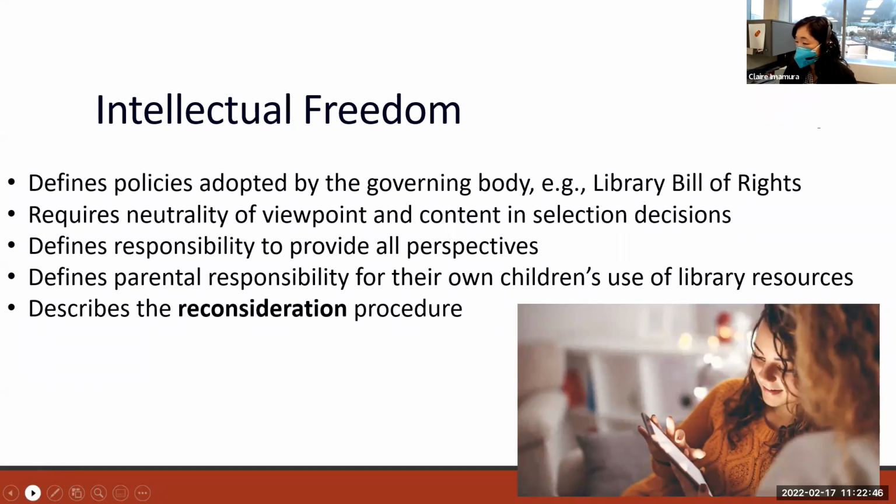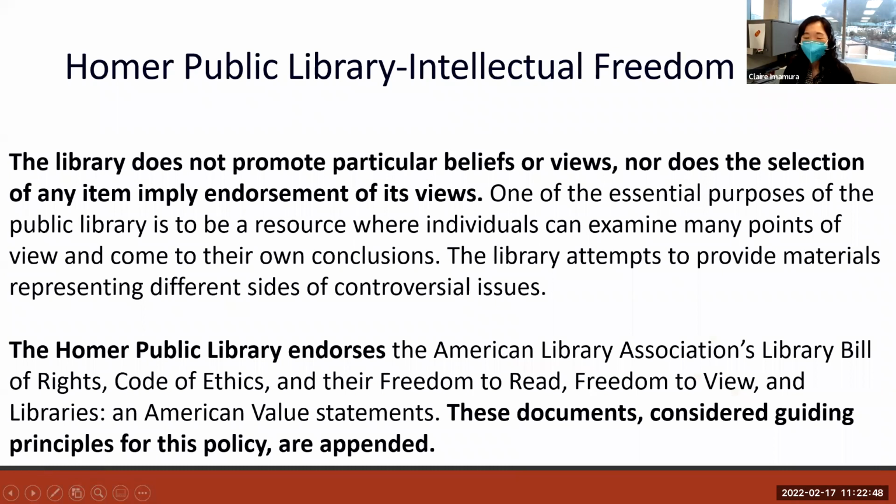So next, let's take a look at Homer, again, their intellectual freedom statement. They established that they are not promoting particular points of view. They point readers of this policy to various documents that are foundational to libraries.